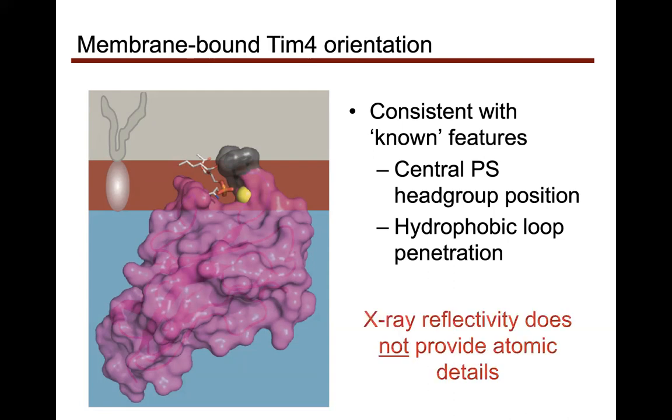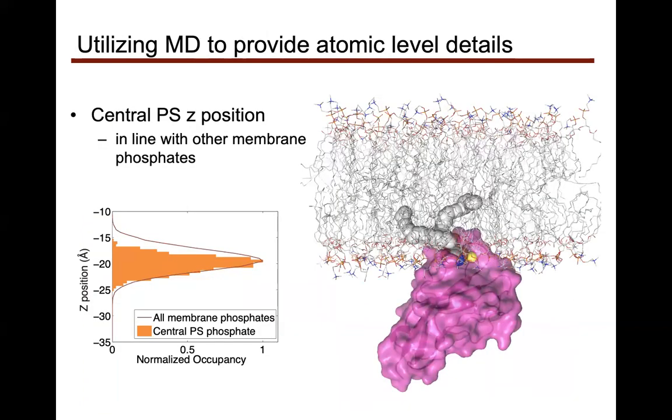But the reflectivity itself, as you see, cannot really resolve in the blob the more atomistic detail of how the various portions of the protein in close vicinity of the surface interact with the lipid. So in order to get at that, we move to molecular dynamics simulation that allows us to get at the detail.